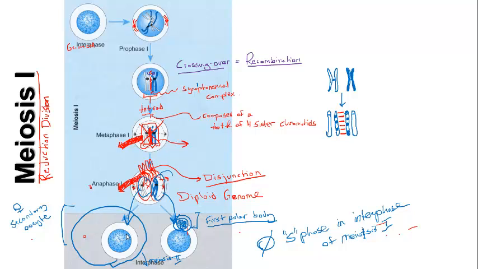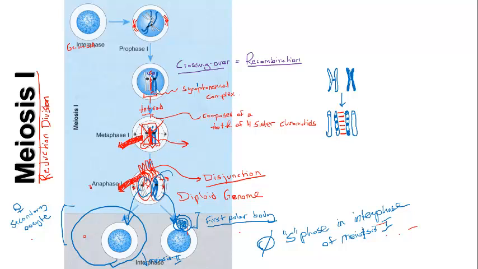But keep in mind that because of recombination, the sister chromatids are not completely identical. Each two sister chromatids within the 23 different types of chromosomes that each of these daughter cells have are not 100% identical copies of one another because of all of this crossing over that occurred in prophase 1 of meiosis 1.